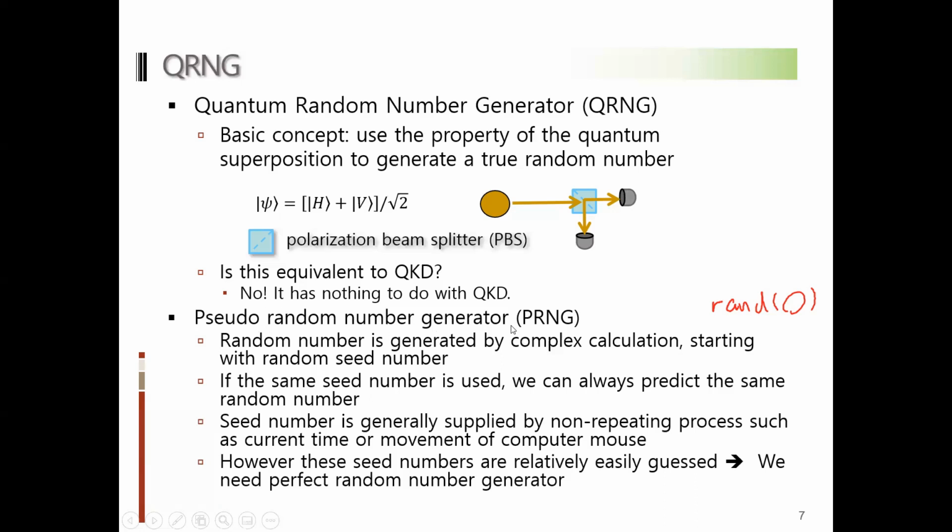The question is, how can we make our system secure against such an attack? The answer is, if we have a perfect random number generator, not based on a pseudo random number generator, then it might be safer, and that is the purpose for which the QRNG will be used.